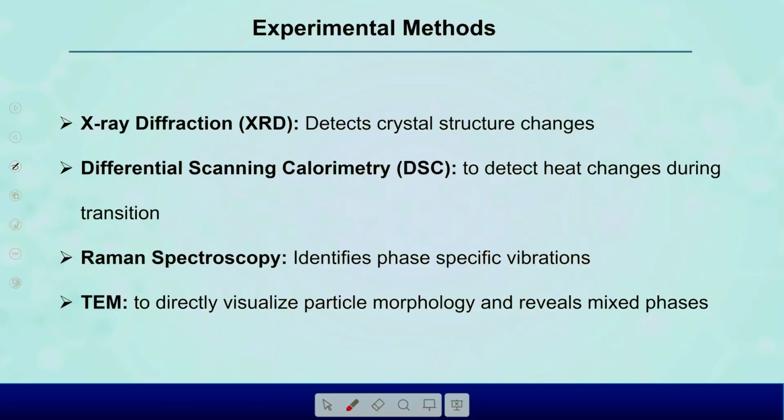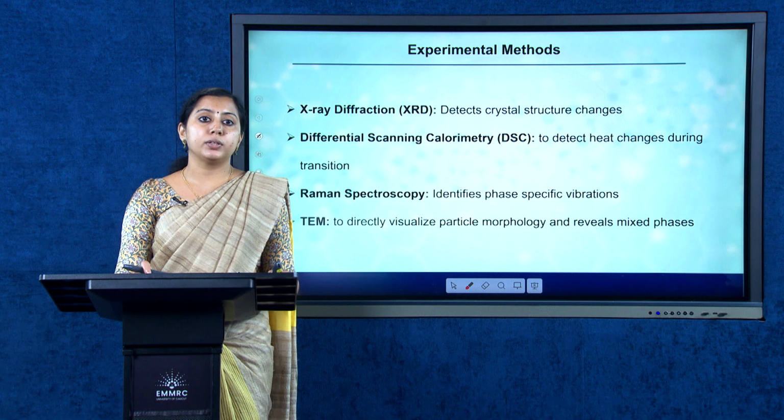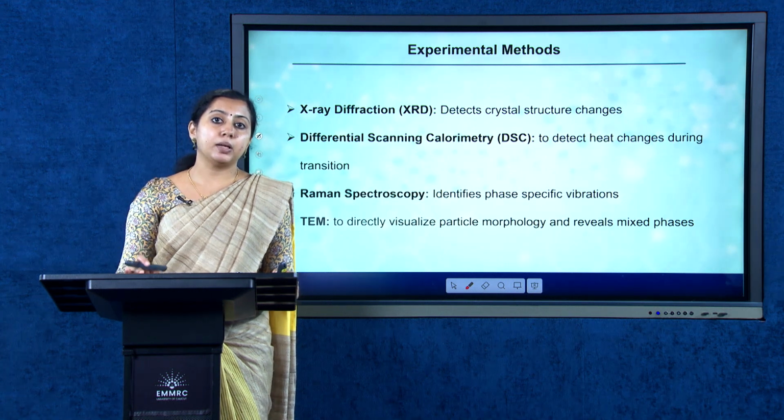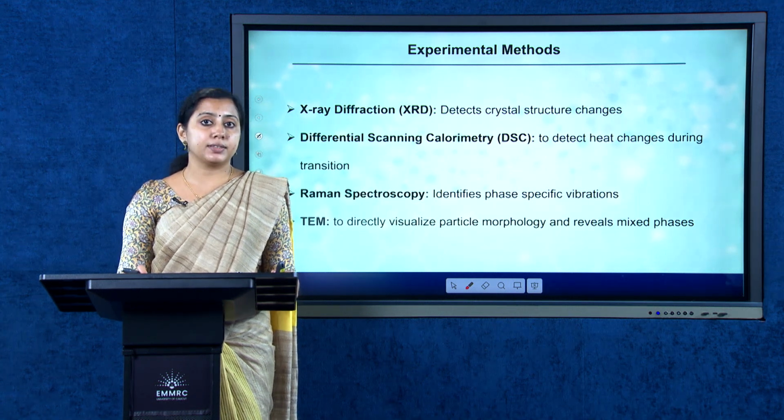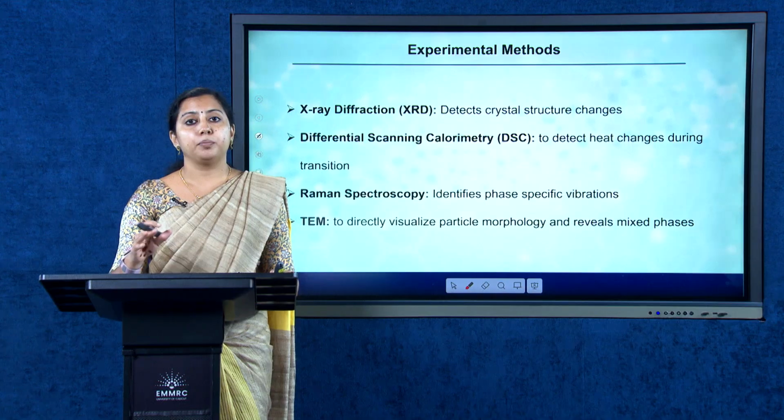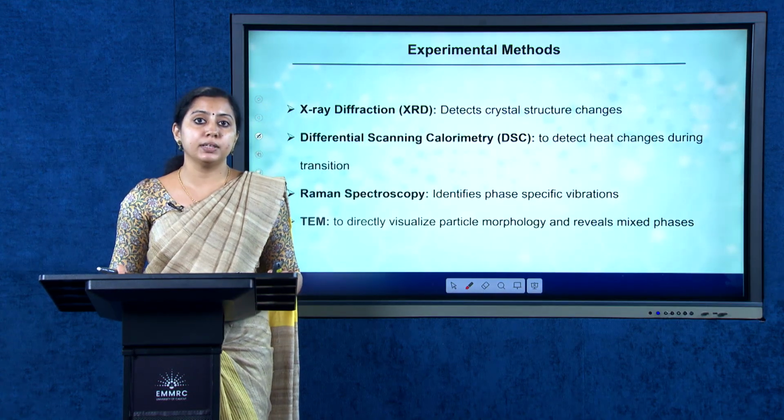We can use Raman spectroscopy that identifies the phase specific vibrations, or transmission electron microscopy, TEM, to directly visualize the particle morphology and reveal mixed phases. So these methods help us to identify and distinguish the rutile, brookite and anatase forms in TiO2.